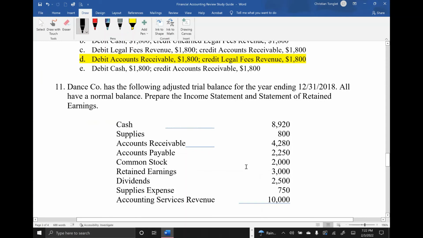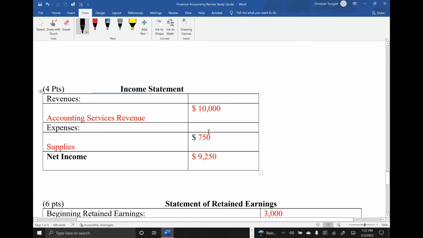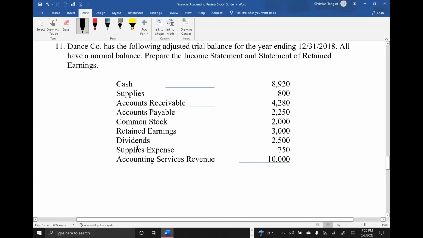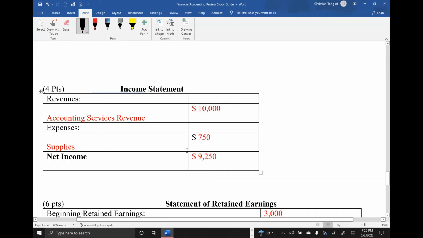And you can see there's only one account that says revenue, right? Account services revenue, 10,000. So I put my 10,000 on there. What's my expenses? So I have supplies expense, 750. No other expense accounts. So that's my supplies expense for 750.